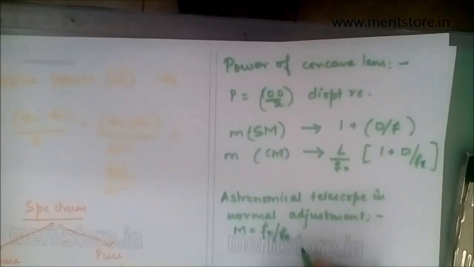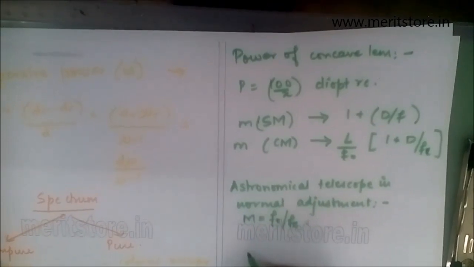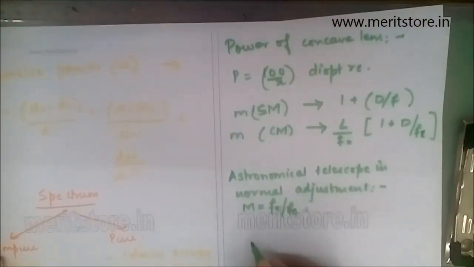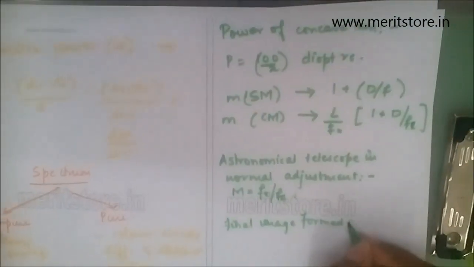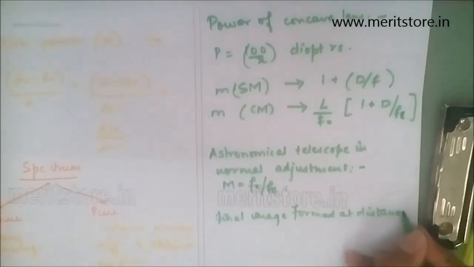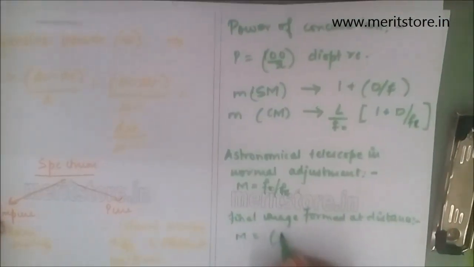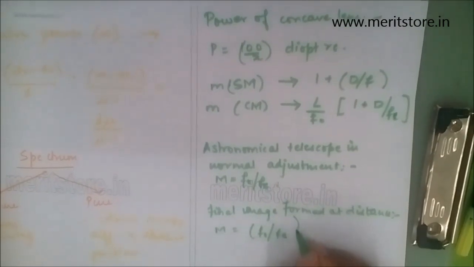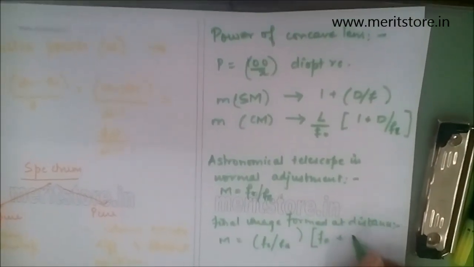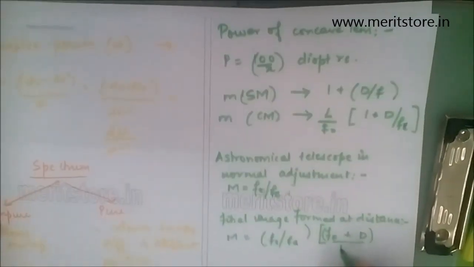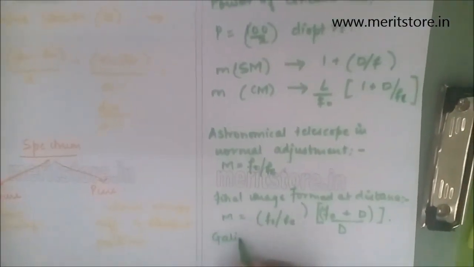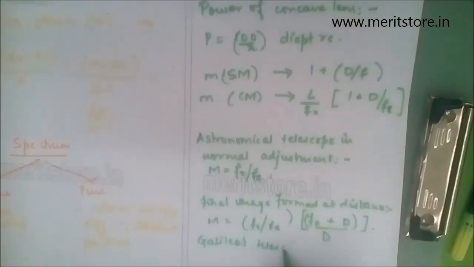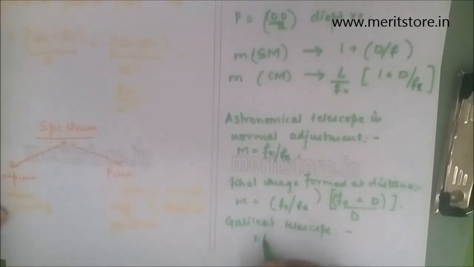The magnifying power of an astronomical telescope when the final image is formed at the distance of distinct vision is given as... The magnifying power or magnification of Galileo's telescope is given as F upon small f.